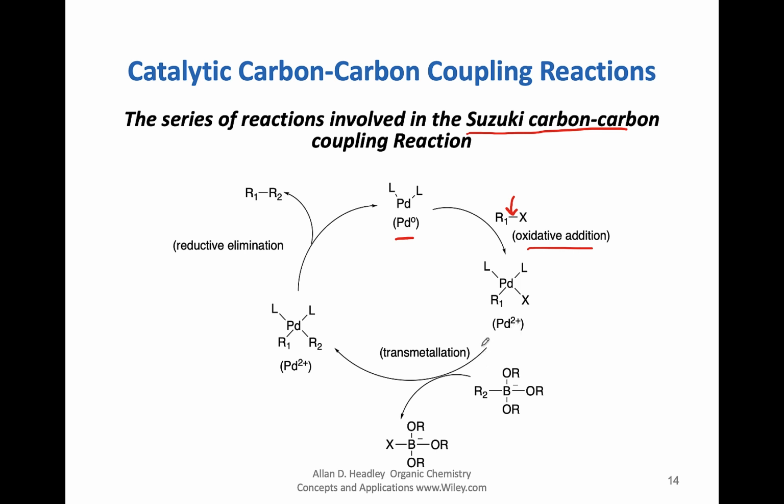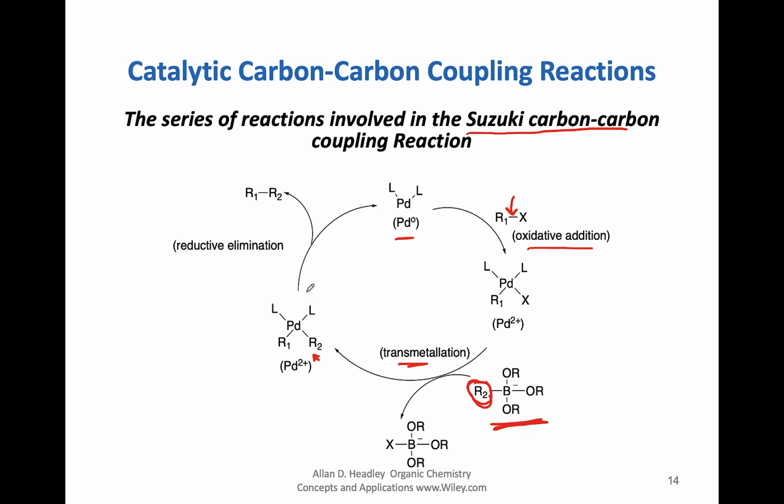Next, this is a transmetallation. So now we introduce another R group here from this borane. So this R group here is now transferred to the palladium, and here it is. So that's your typical transmetallation. So this R group comes from this reagent and shown here.